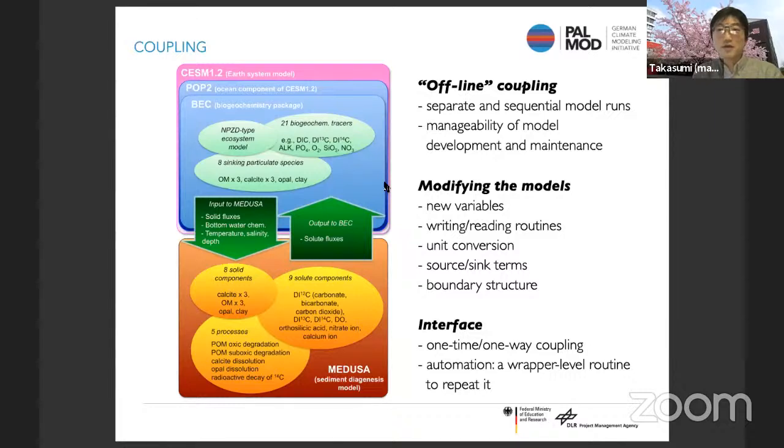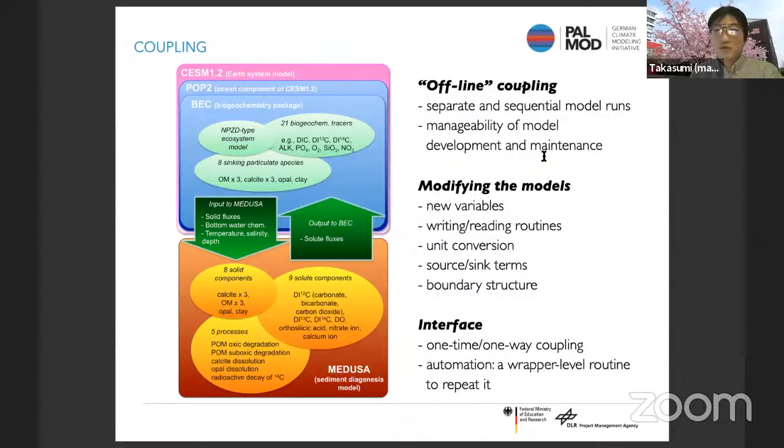That is to say, we kept the two executables separate and exchanged necessary information between the models through files. The two models were run sequentially, driving one model based on the preceding state of the other. We chose this offline coupling mainly for the manageability of model development and maintenance.